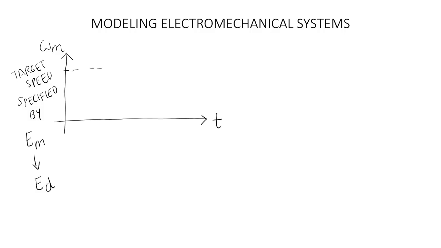Then we want the motor speed to raise its value from 0 to attain the target speed in as short a time as possible, and that time is quantified by the time constant tau, which is essentially the 63% of the target speed, as we know.